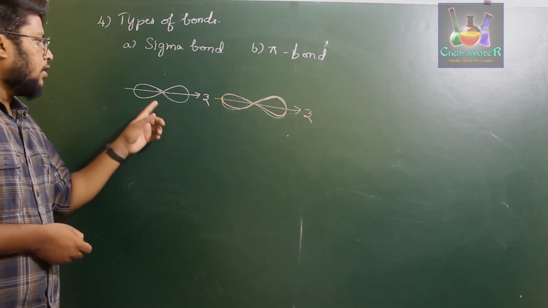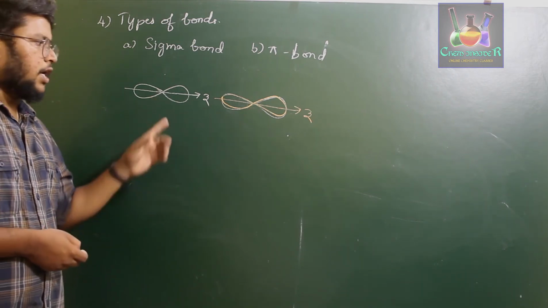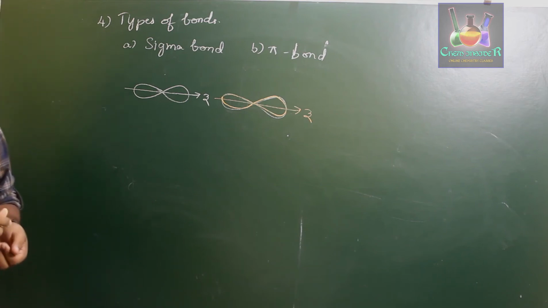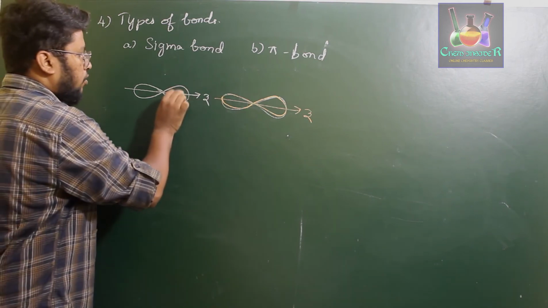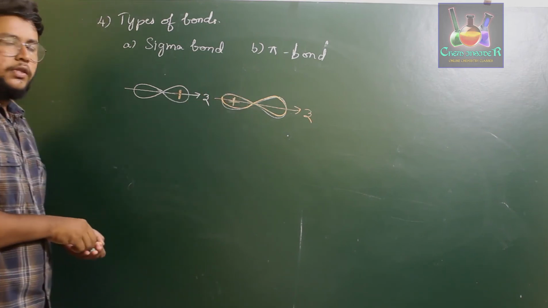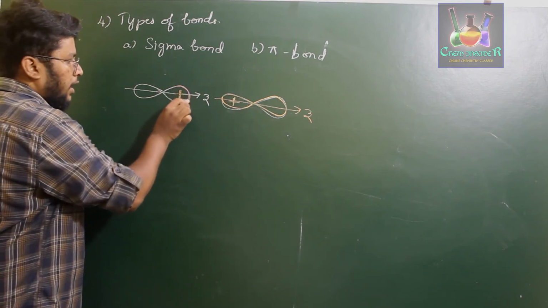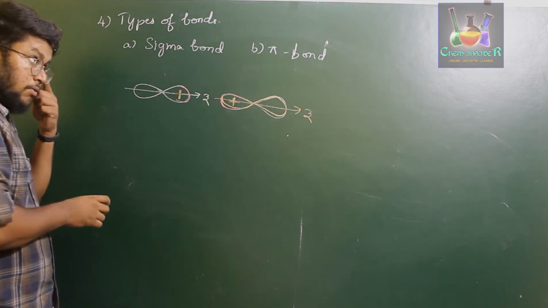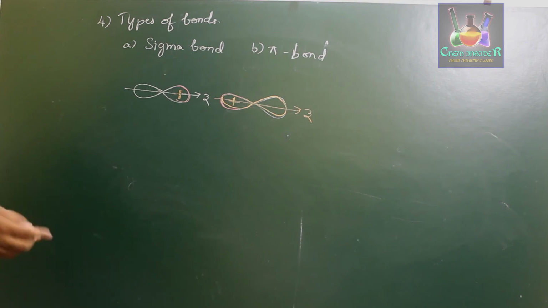So if you consider these axial positions, they have to be parallel to one another and they should form an in-phase overlapping, and in this in-phase overlapping they will overlap head-on. If you consider this as plus and plus, these will be overlapping head over head.